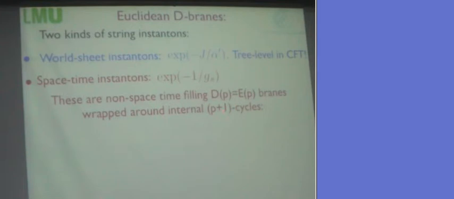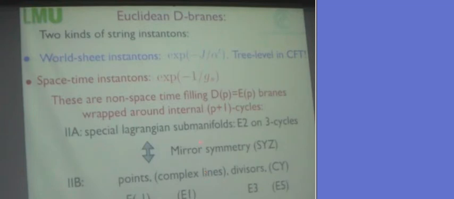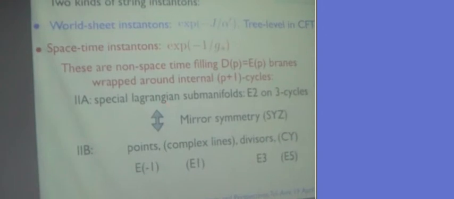And the one comes here because we also wrap the time direction of the brane around the internal cycle, and therefore they are called Euclidean branes. So they are a snapshot in space-time and sit entirely in these internal spatial directions. Again, we can make the same list as before. In type IIA, again, we deal with spatial Lagrangian submanifolds, and if you do this now trivial count, we deal with E2 branes on 3-cycles.